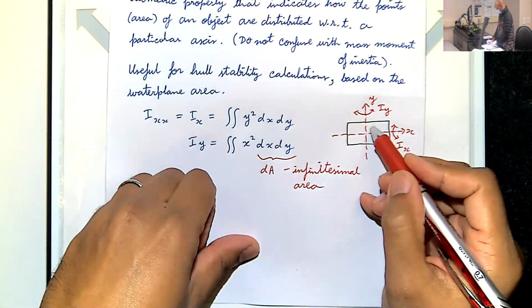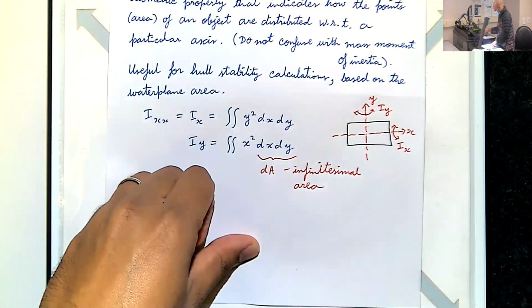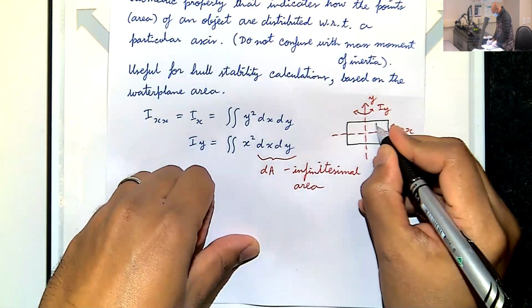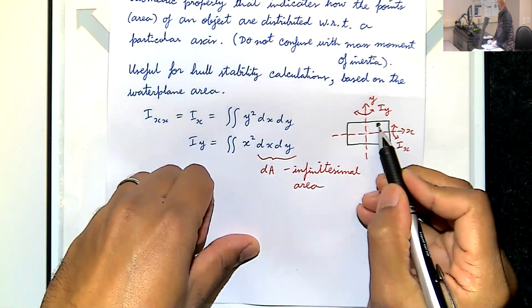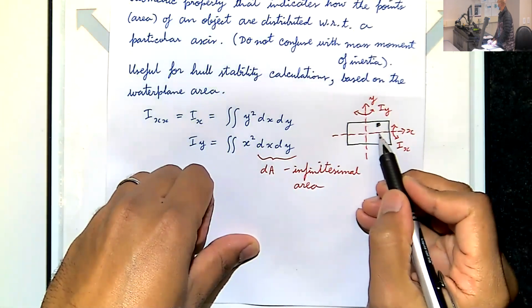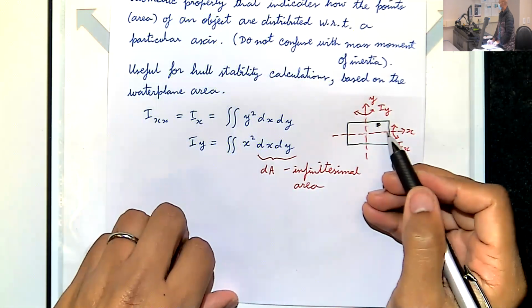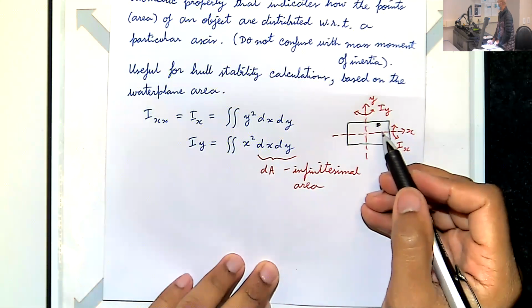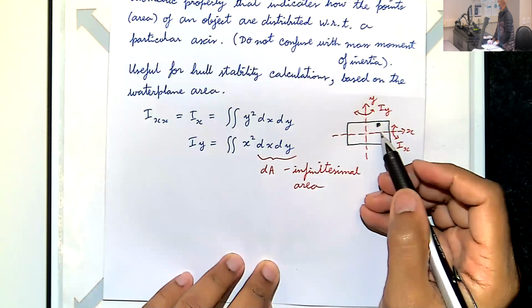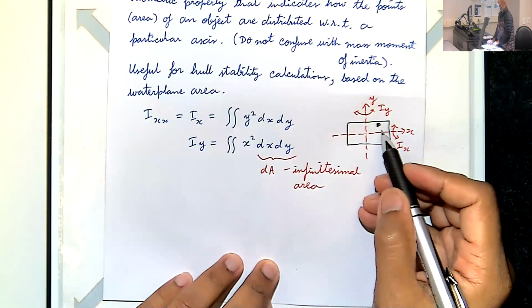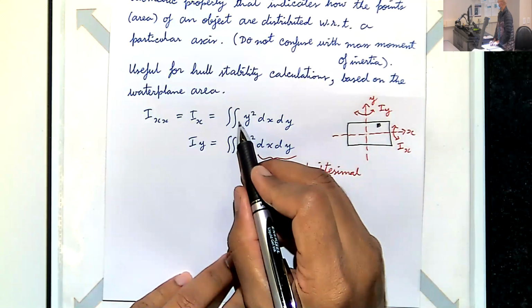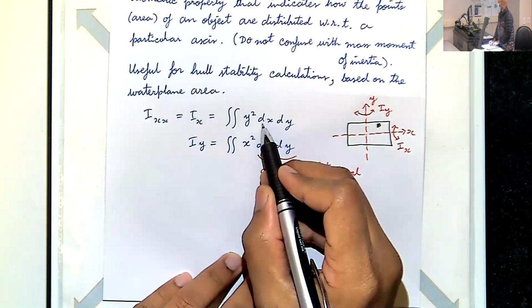If we cut a small square here, how far is this from the x-axis? What's the coordinate? It's the y coordinate. So that's why you have y squared times area.